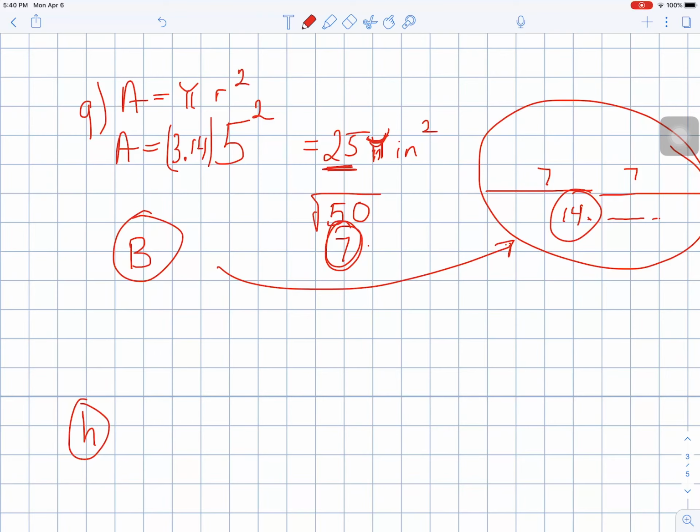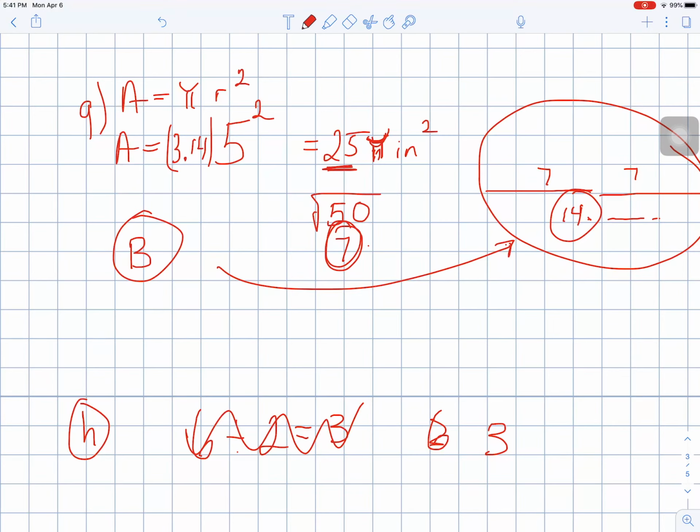The radius of a 6-inch diameter balloon is 6 divided by 2, which is 3 inches. Sorry, let me get that right. The radius of a 6-inch diameter is 3, right?